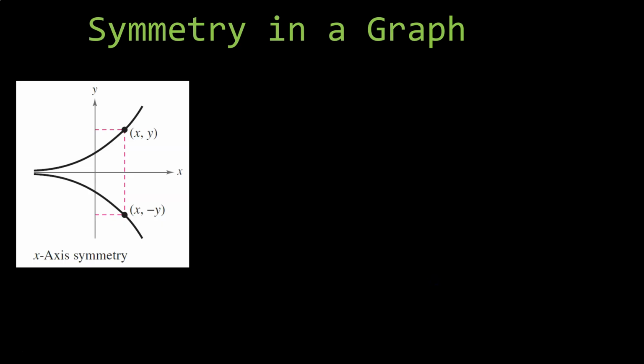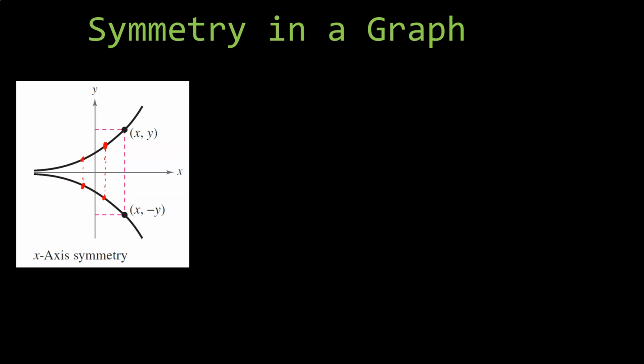Now let's look at symmetry in a graph. This is symmetry with respect to the x-axis, because for any given point (x, y), there is a corresponding point (x, -y). So for every single point (x, y), there is a respective point (x, -y) on the graph.